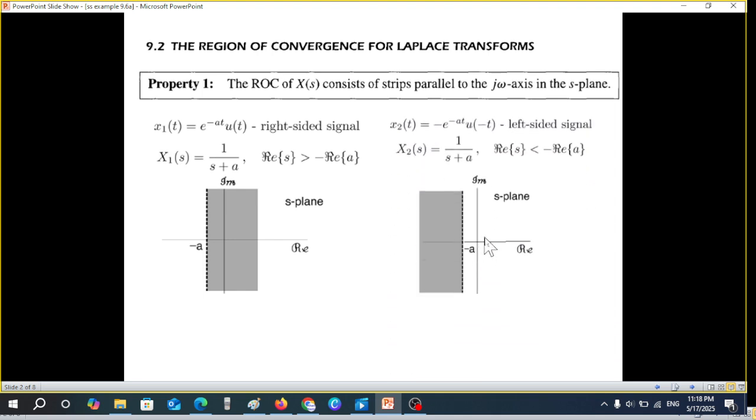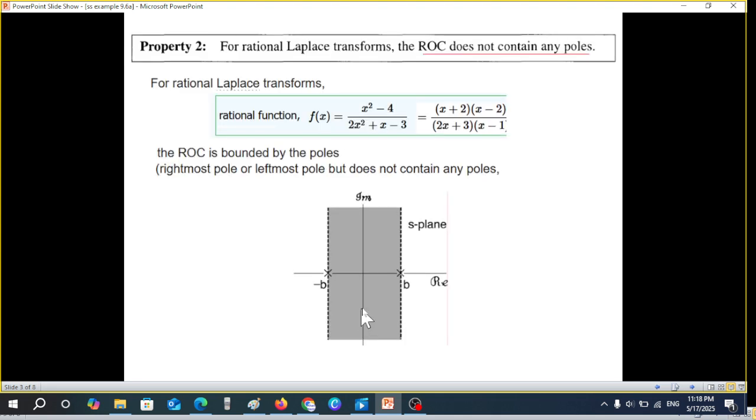Now, if the signal is left-handed like this, we get the same formula, but because it is left-handed, from s plus a equal to 0 our pole is at s equal to -1, and the shaded region should now be to the left of the vertical line. That is what he's saying: it consists of strips parallel to the j omega axis. This is the j omega axis, so all our strips should be parallel to this. This is the meaning of property number 1.